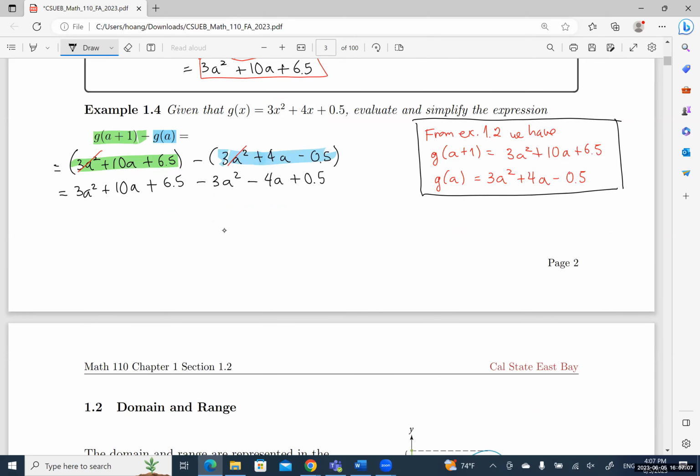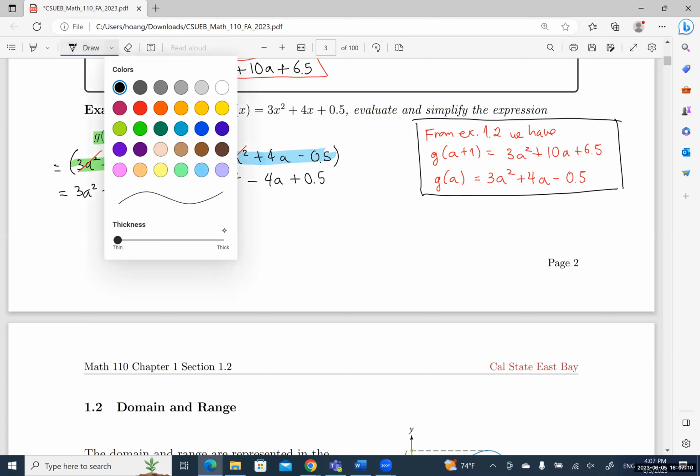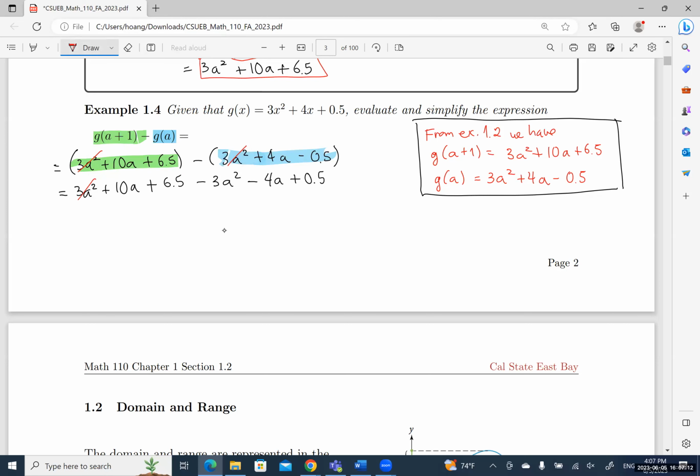I'll cancel this 3A squared minus 3A squared, right? I can combine this 10A and negative 4A here, and I also can combine this 6.5 plus 0.5 here.